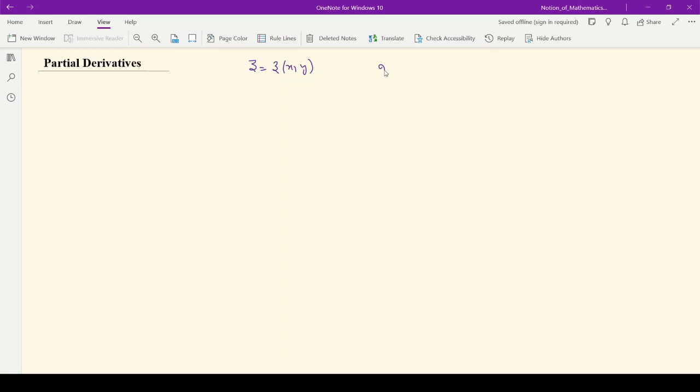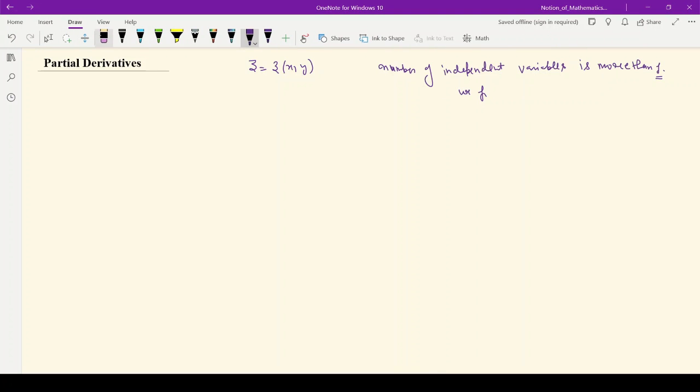If the number of independent variables is more than 1, then we will find partial derivatives.